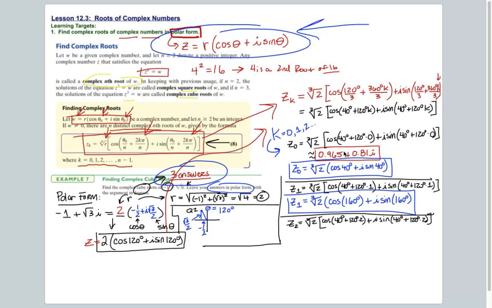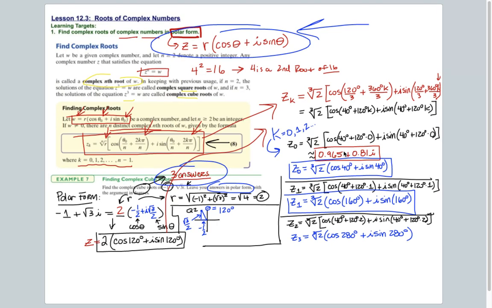All right, so then our final result here, we'll go ahead and clean this all up. The third cube root and the final one that we need is the cube root of 2 times the cosine of 40 plus 240, which is 280, plus i times the sine of 280.